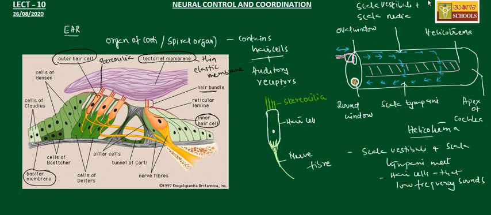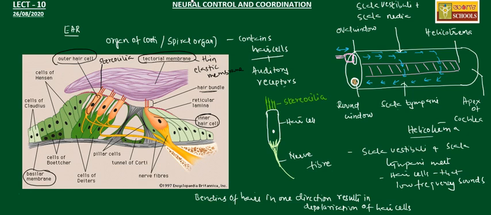That is the bending of hairs. Bending of hairs in one direction results in depolarization of hair cells, and that results in the generation of action potentials which will pass through these nerves.